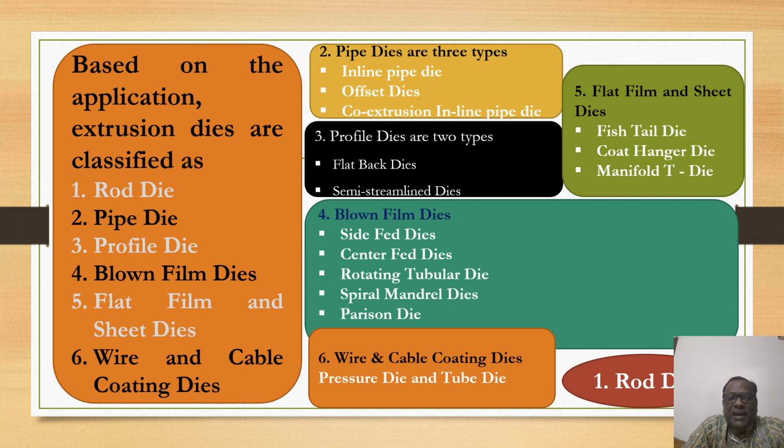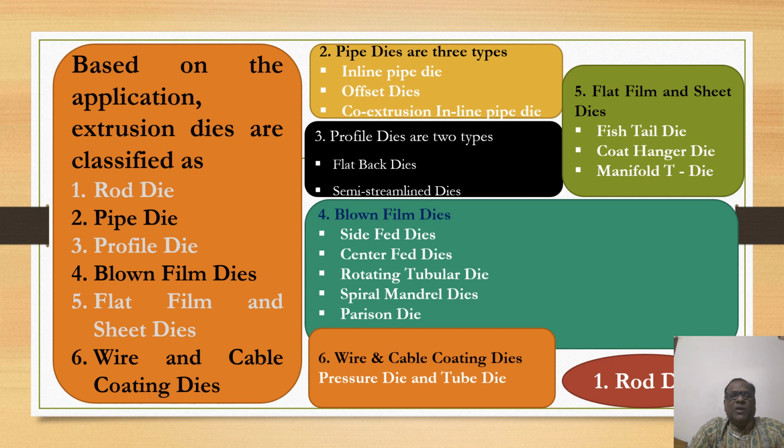One is inline pipe die, second one is offset die, and the third one is co-extrusion inline pipe die. So as I told you, rod die is only a single type, but pipe dies are three types.